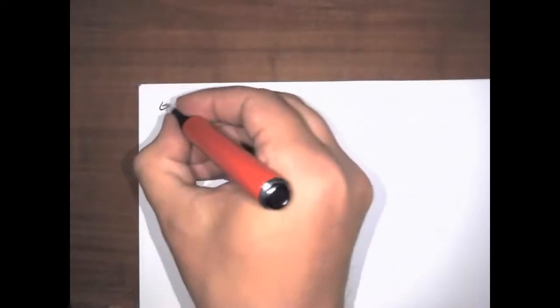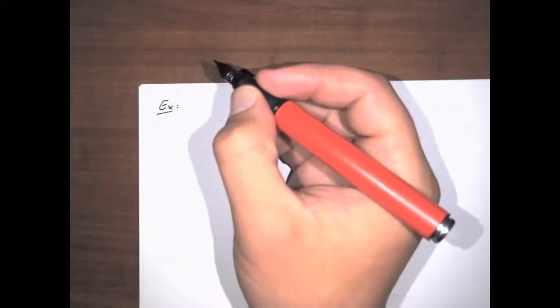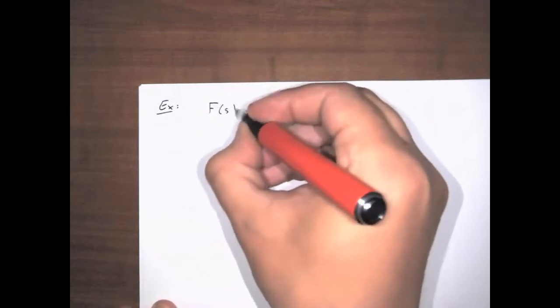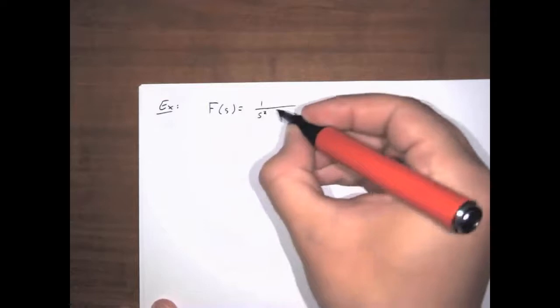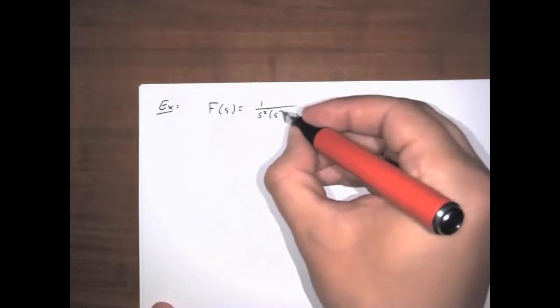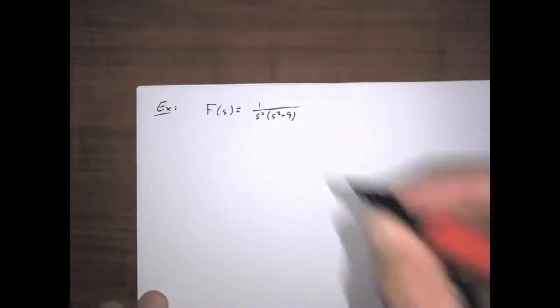Let's try one where it has an extra factor of s. So let's say we wanted an inverse Laplace transform of something like F of s, which equals 1 over s squared times s squared minus 9. Now we could do partial fractions here, no law against that.